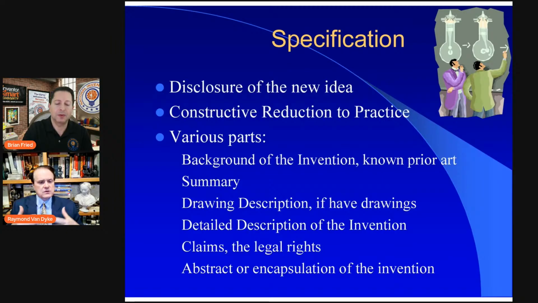Then you get into a summary of the invention, which is a paragraph or two, where you get into just briefly what the invention is about. Then you have drawings, if you have drawings. Not all inventions have drawings, like chemical cases and biotech cases, you don't typically have drawings as such. But if you have an electrical device or mechanical device, whatever, you're going to have the drawings.